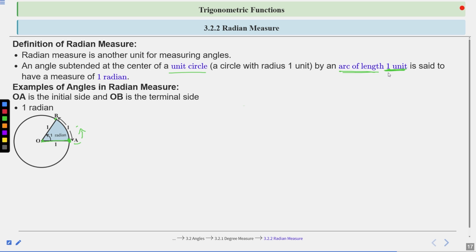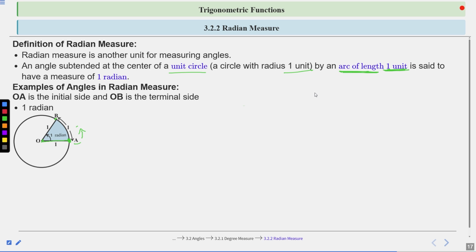Simple. 1 unit. 1 unit means, suppose your circle has a radius of 1 centimeter, then you have to move 1 centimeter. Clear? If your circle has a radius of 1 kilometer, then you have to move 1 kilometer.